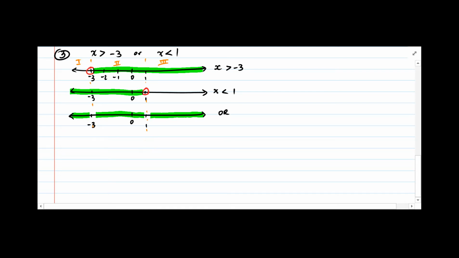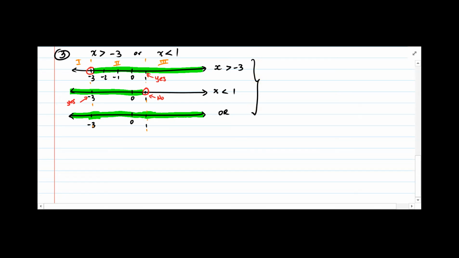Alright, so when we're at -3, should I include that or not? Well, if you look here, it is included, so I will put that in my final solution. Going to the number 1, no, it's not included here, but yes, it's included in the first line. So in my final solution, it is included. So what do we have here?